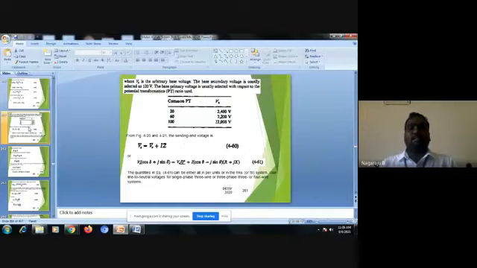When the potential transformer ratio is 20, the base voltage is 2400 volts. When the ratio is 60, I have 7200 volts. And the next common potential transformer ratio is 100, where you have 12,000 volts. This is about the standard values.